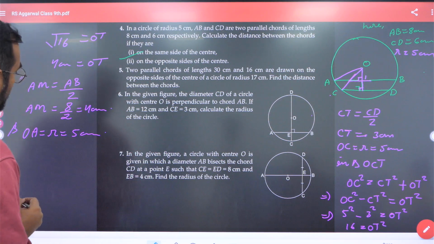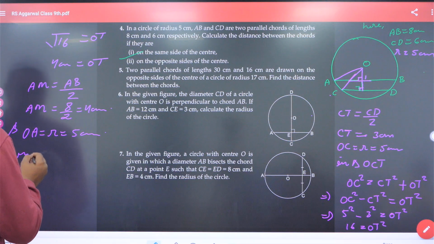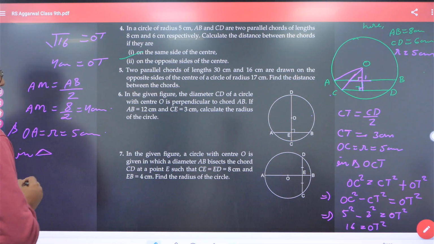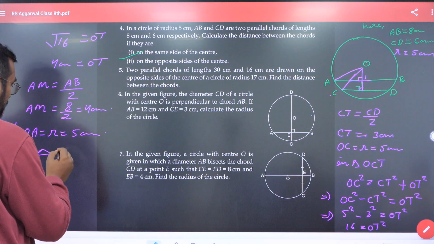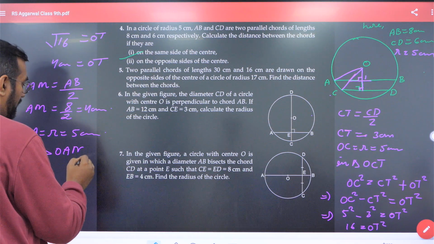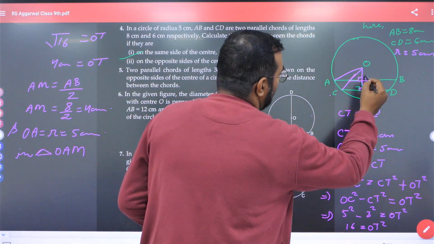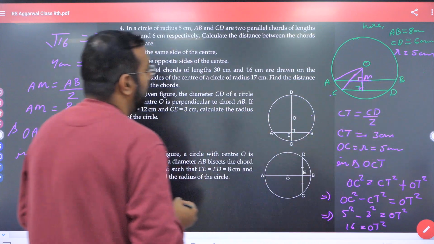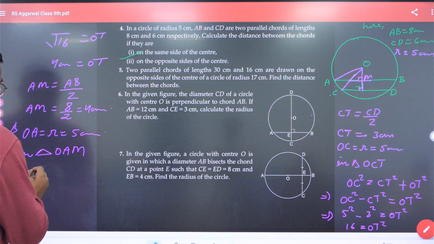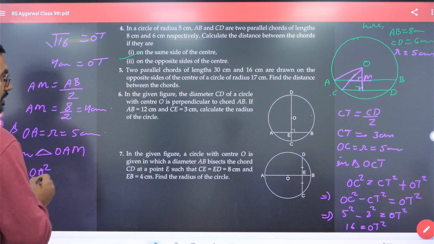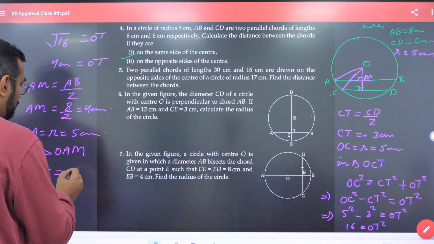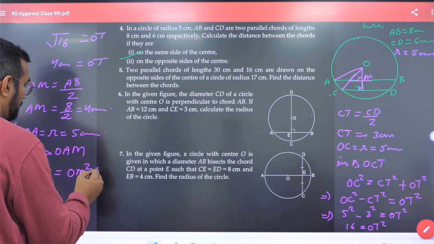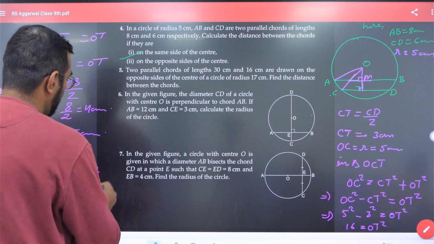Okay. In triangle OAM, OA square is equal to OM square plus AM square.